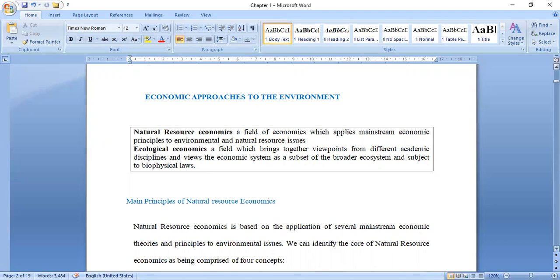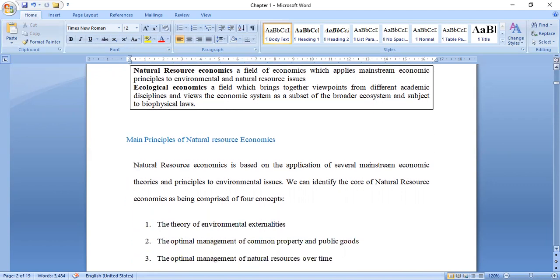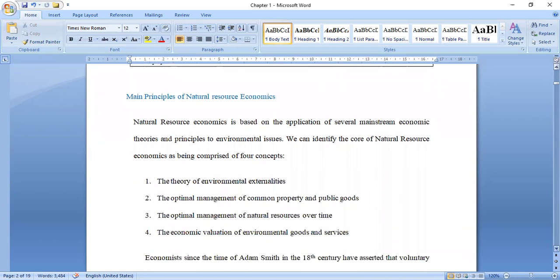It brings together viewpoints from different academic disciplines, and it will not only look at the resources in terms of economics, but gives a broader view of different fields and disciplines, like we are going to find out later on.